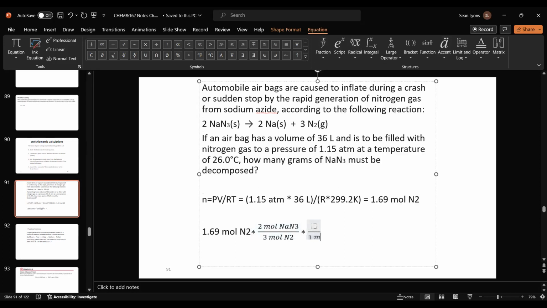And now for every 1 mole of sodium azide, NaN3, we're going to have a molar mass of 65.01. So that comes from adding up 1 sodium with 3 nitrogen. So about 23 for the sodium, 14 for each of the nitrogens. And that'll give us now a mass of 73.2 grams of that sodium azide.